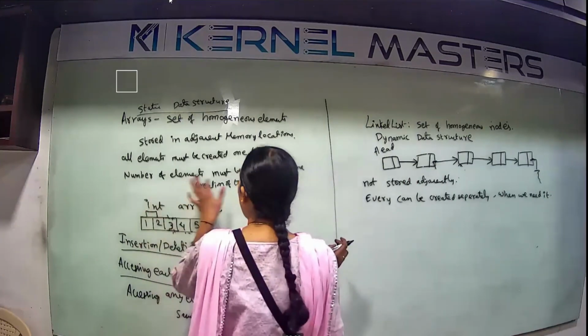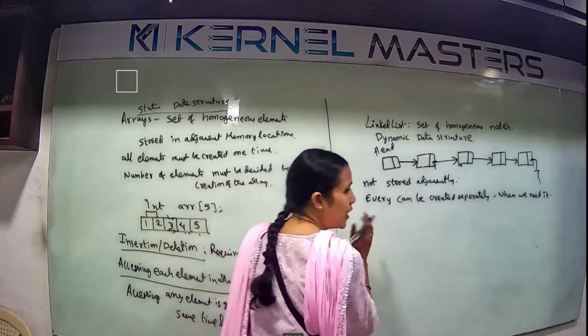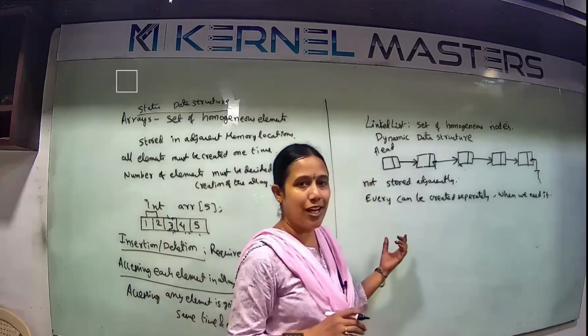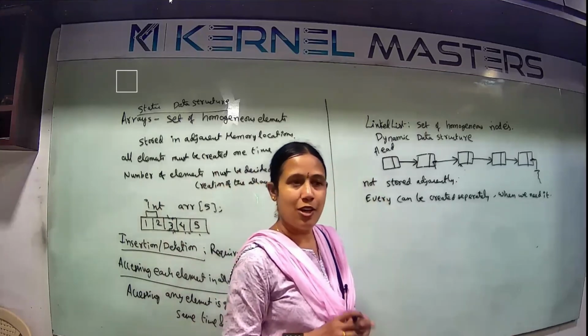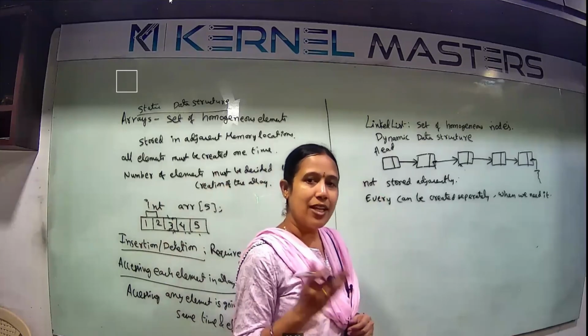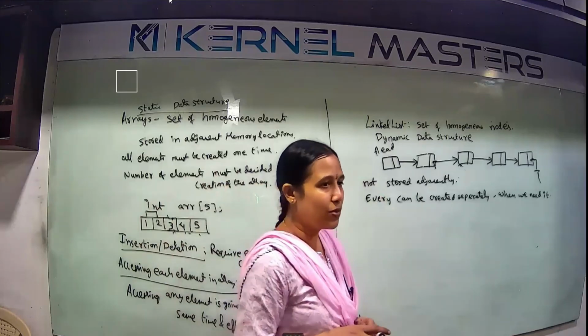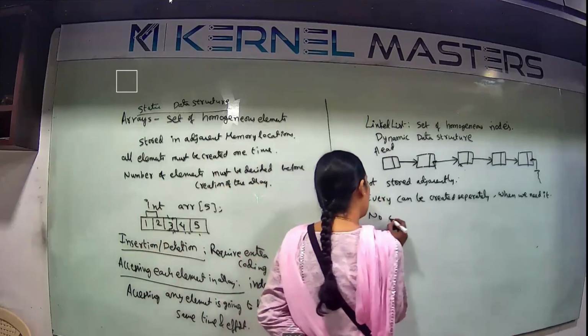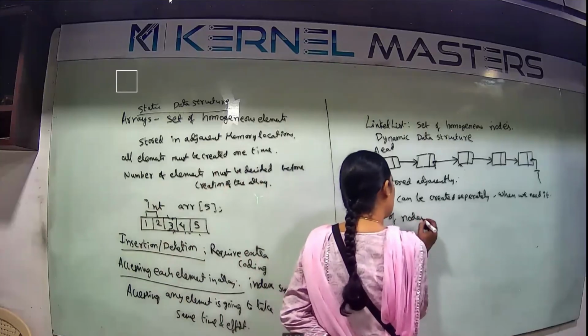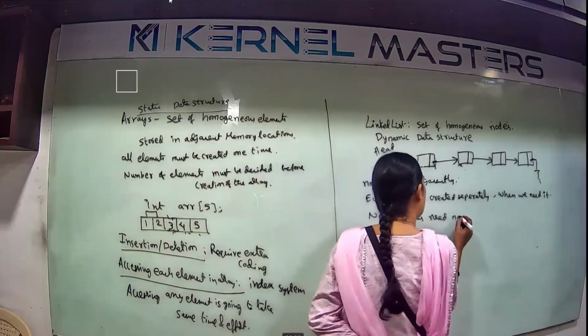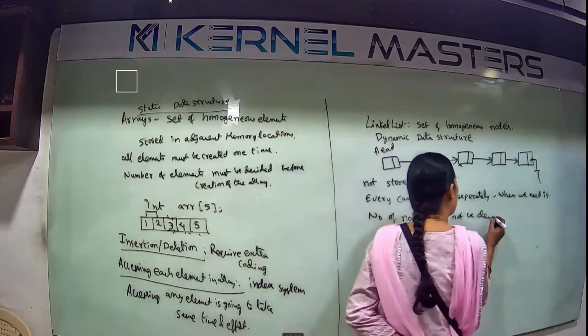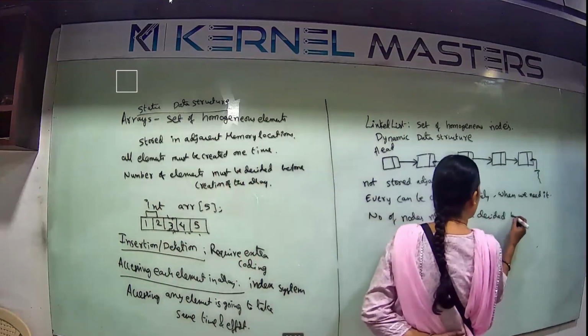Then, number of elements must be decided? No need here. You don't have to tell how many nodes you want to create first. You can just start with one node, then keep on adding whenever you need extra nodes. The number of nodes need not be decided before creation.